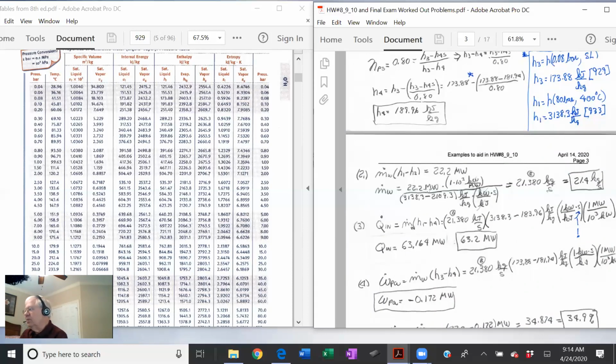Now, I have 22.2 megawatts times 1 times 10 to the third kilowatts per megawatt. In other words, there are 1,000 kilowatts in a megawatt. Down here are the enthalpies, and they're in kilojoules per kilogram. A kilowatt is a kilojoule per second. Now I put the second back up here. It just helps me make sure I got everything right.